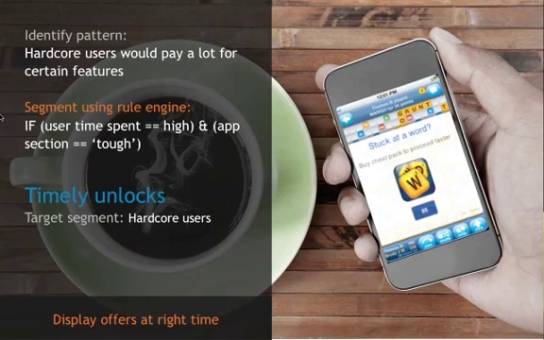If it's a game, are they stuck at a particular aspect of the app? Do you see them at a point where they look like they would be willing to pay a lot? At that time, show them an offer which says, hey, you could buy this and unlock this. You could go faster. You could become better, use better aspects of your app, whatever that is.